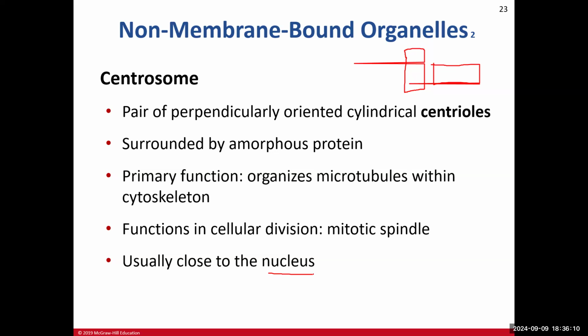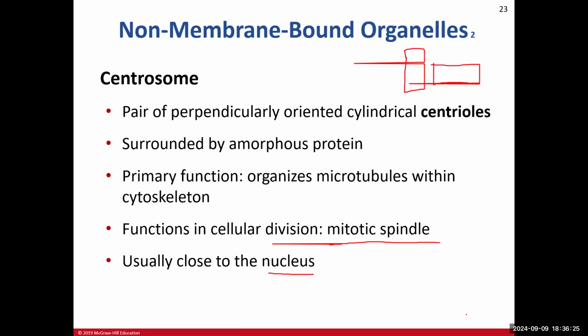But when the cell divides, they're going to form this structure called the mitotic spindle. The mitotic spindle is going to be almost like these finger-like projections that come out of the centrioles. Let me draw it.